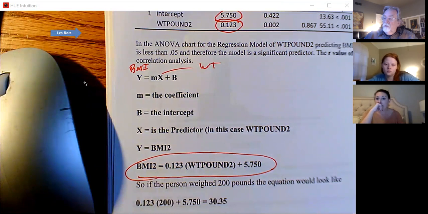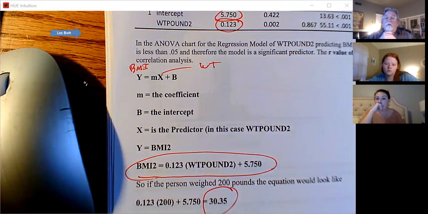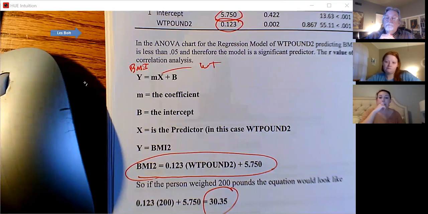And if you plug in 200 pounds, you would get a BMI of 30.35. So we would classify this person as obese. And if they could lose 10 more pounds, we would just classify them as overweight because they would get below 30 probably.